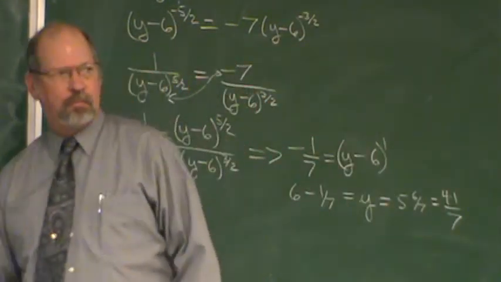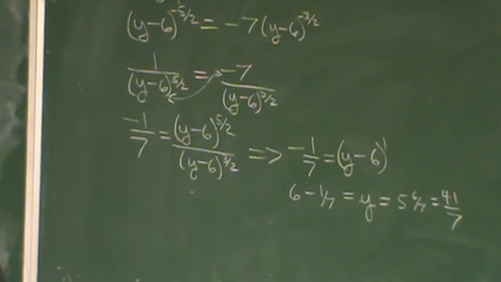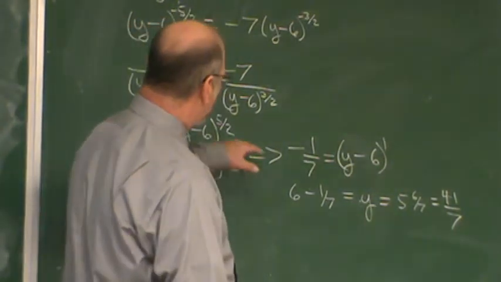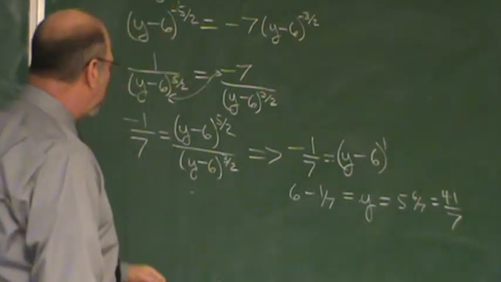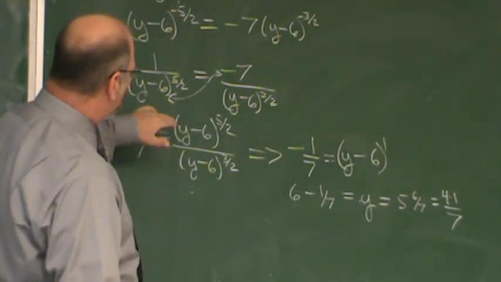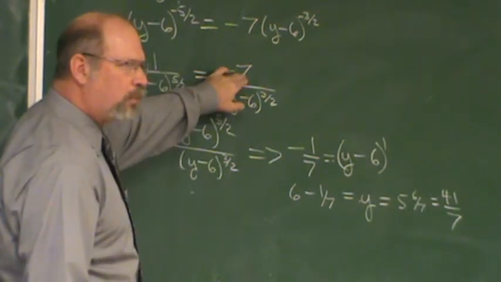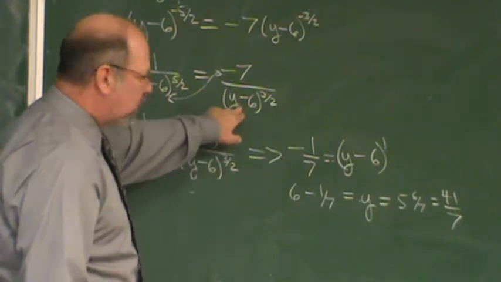You with me here? Can we go back to the step where you switch the numbers? Okay, here. This y minus 6 right here comes from bringing this guy up here. This y minus 6 to the 3/2 comes from this guy right here.